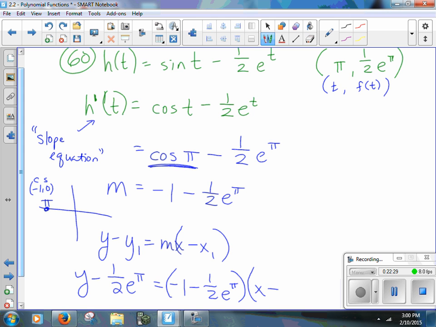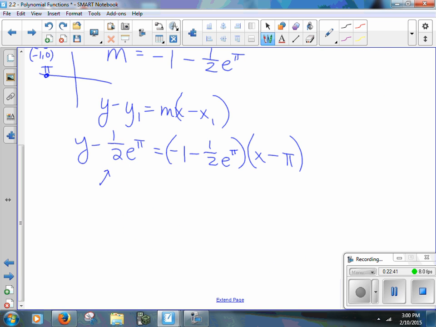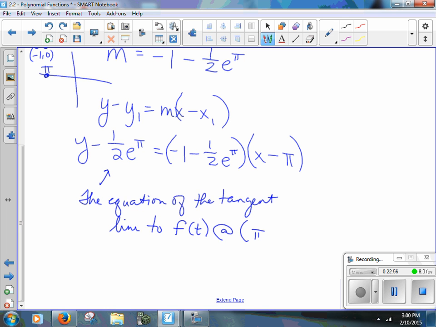Pi. This is the equation of the tangent line to f of t at pi, 1/2 e to the pi.